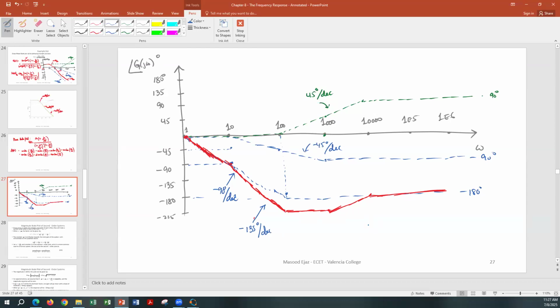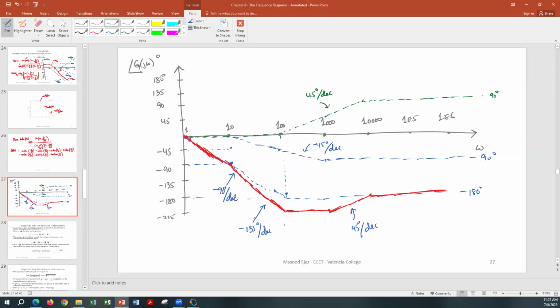And then this one is going to increase by 45 degrees per decade. And finally, let's just make sure this is going to negative 225. So you have negative 45 and negative 180. Yeah, it is going to negative 225. So that's going to be the phase Bode plot for this function.